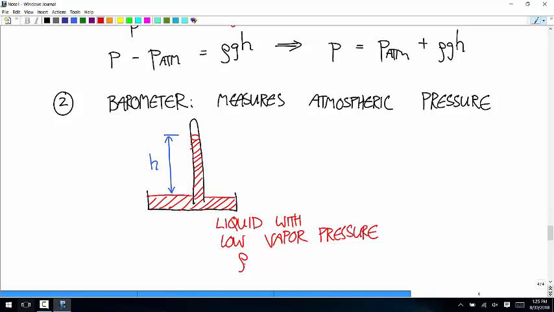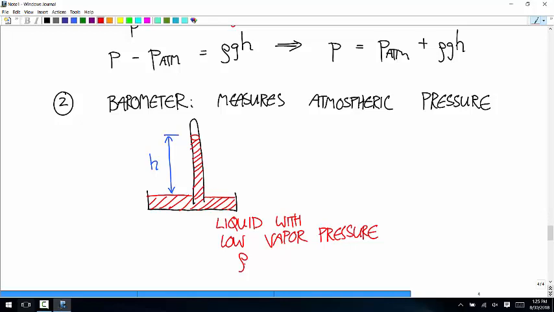The reason you want a low vapor pressure is that the pressure up above the liquid in this tube is the vapor pressure of this liquid.